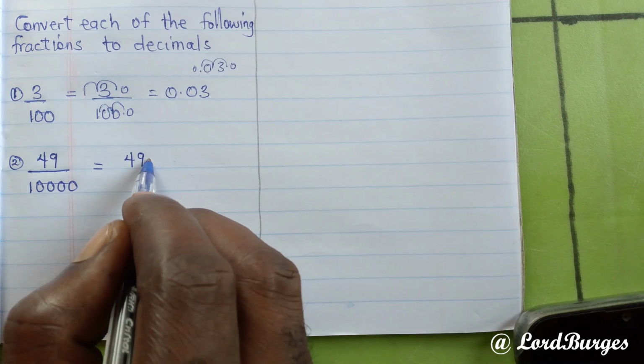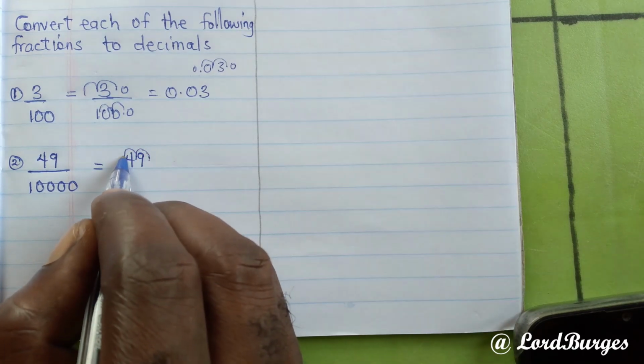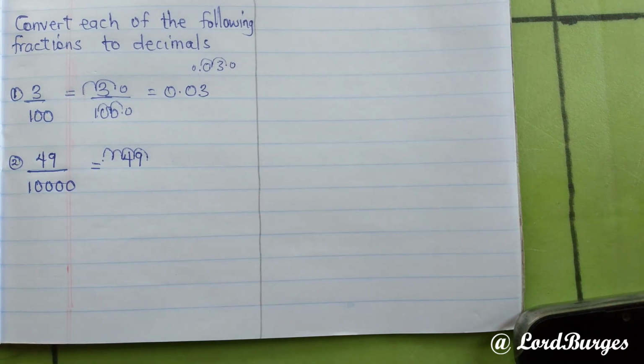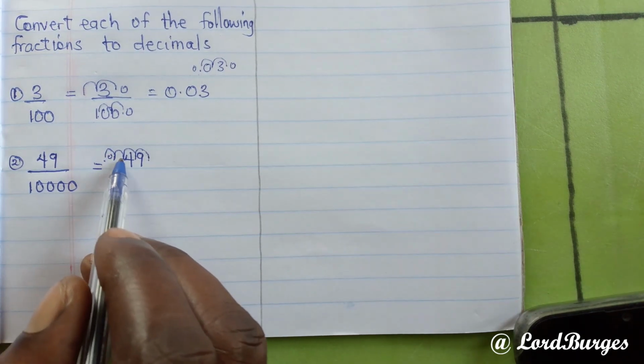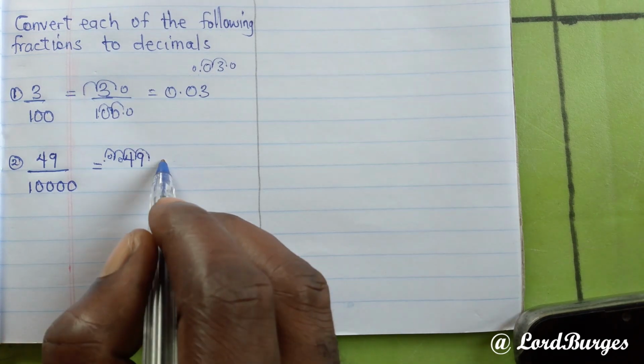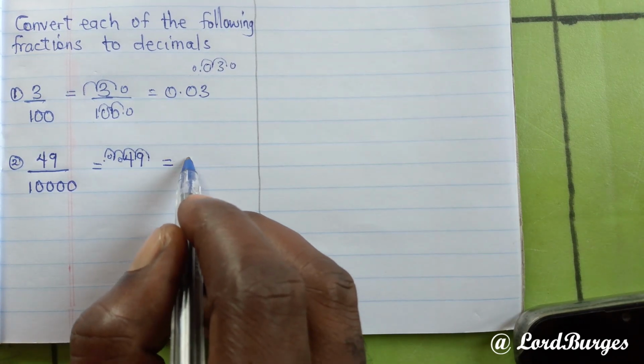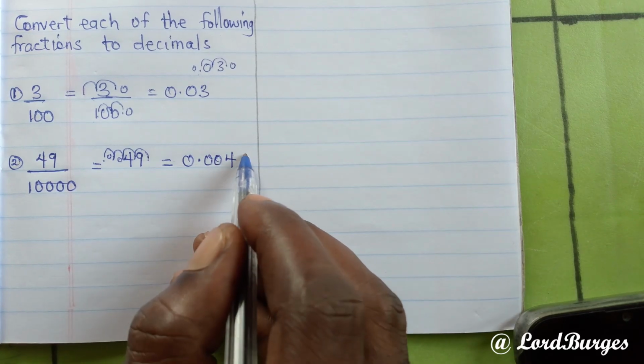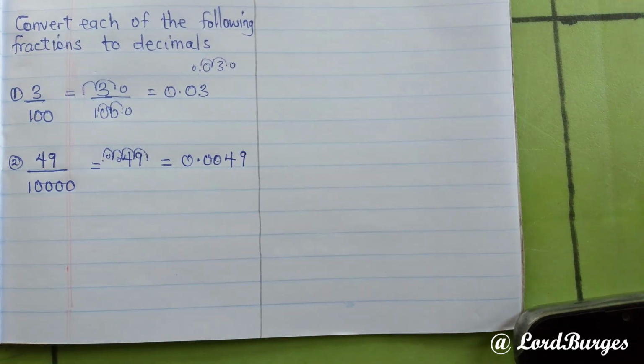Skipping backward 4 times, I'll be having 1, 2, 3, 4. So my point will be at this side. Then I have my 0 and my 0. So this finally becomes 0.0049. That's my final answer.